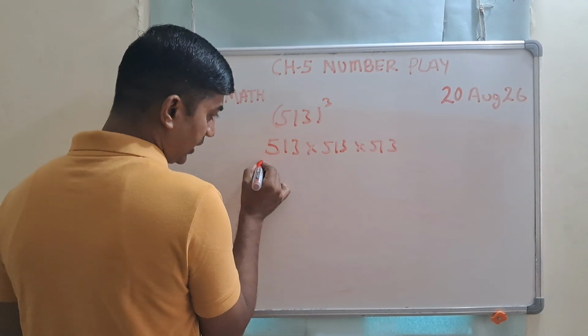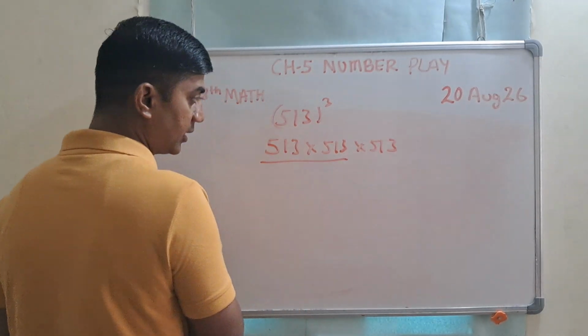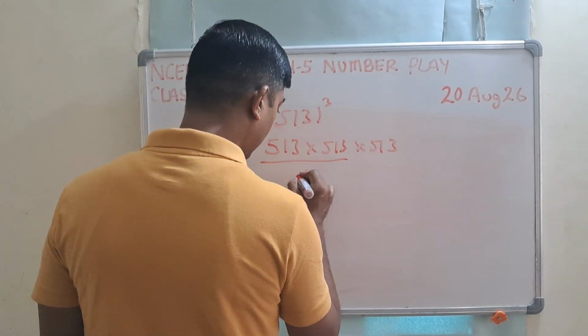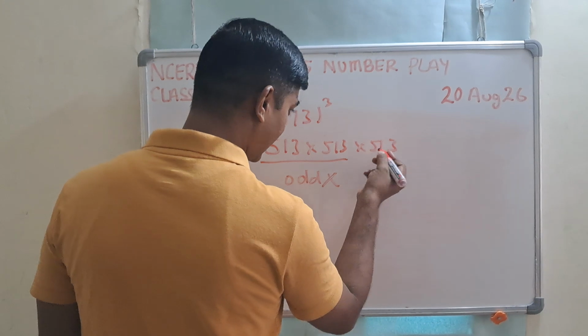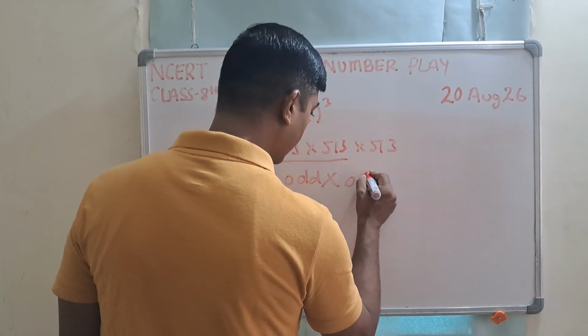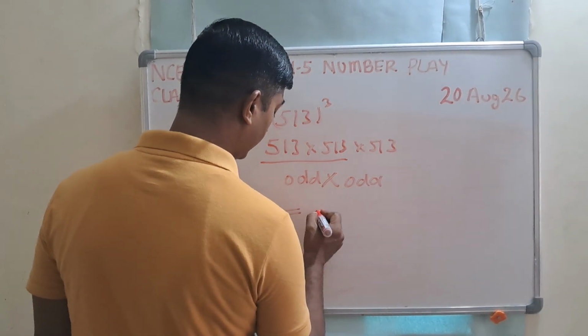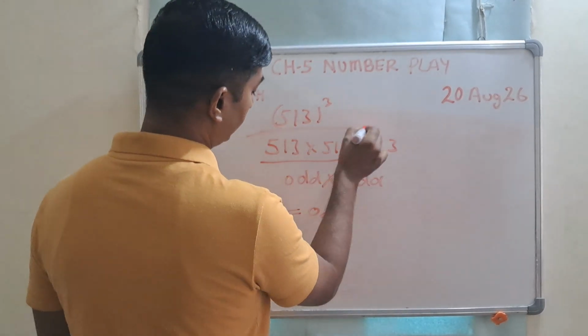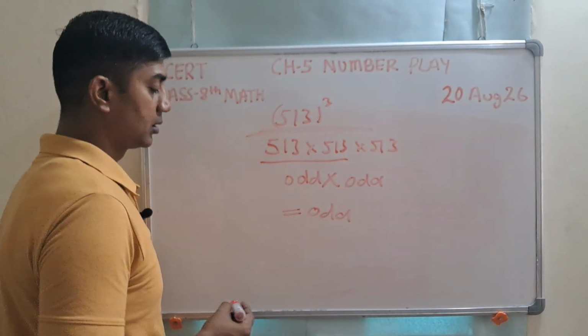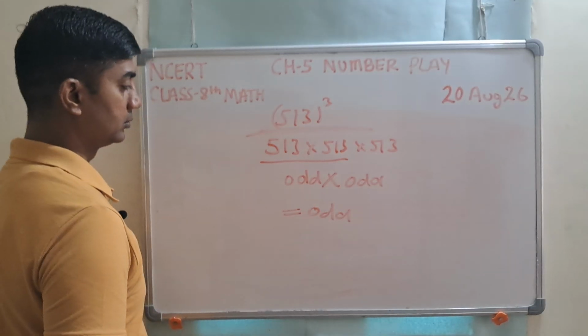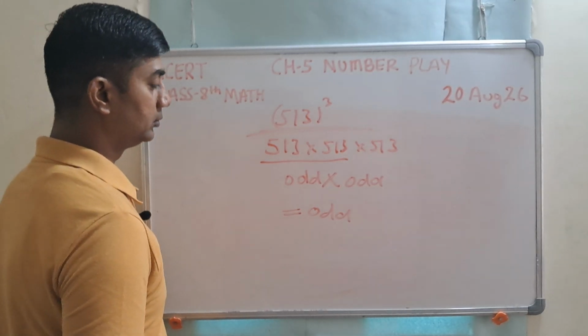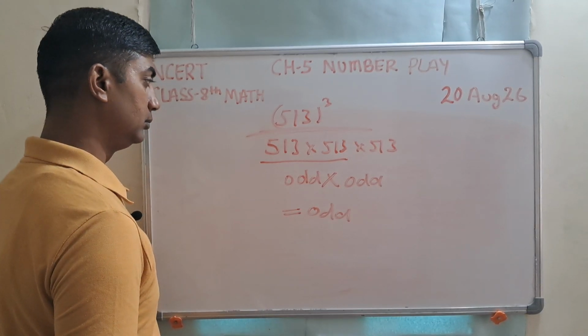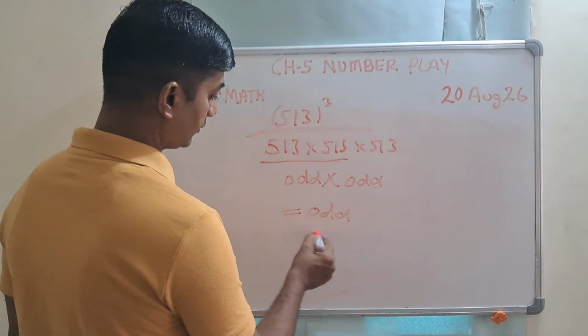Now we have seen when two odds are multiplied, we get the result odd. When it is again multiplied by an odd, we'll get the result odd only. Understood? It means when you are multiplying odd numbers, we'll get the result odd. Understood?